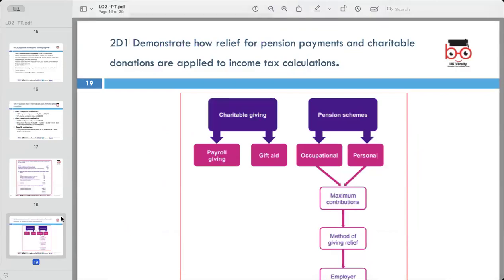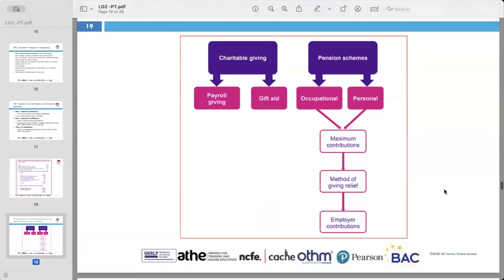Okay, next is how relief for pension payments and charitable donations are applied to income tax calculation. Charitable giving, pension schemes: payroll giving, gift aid, occupational, personal, maximum contribution, methods of giving reliefs, employer contributions.